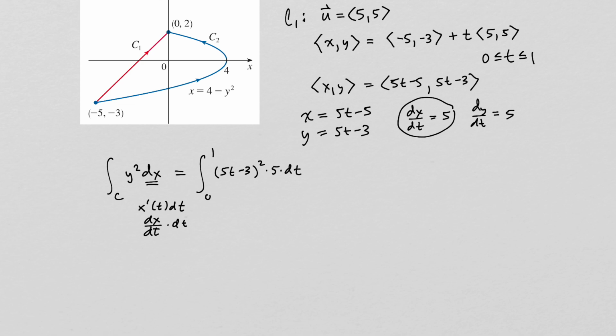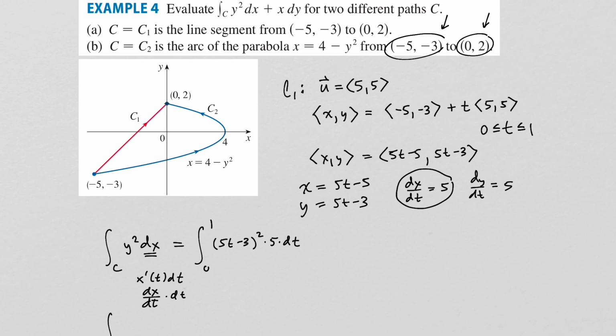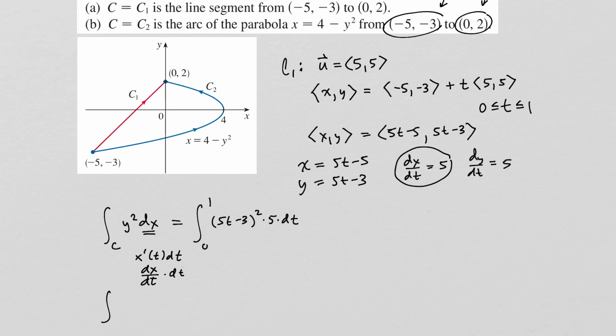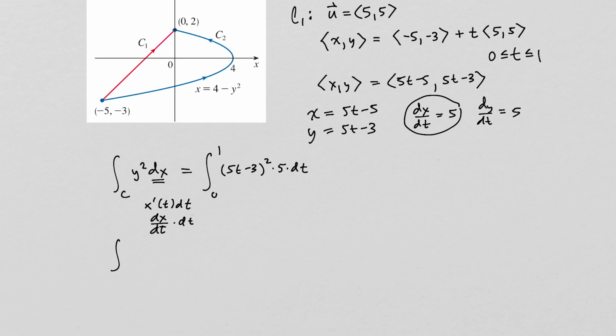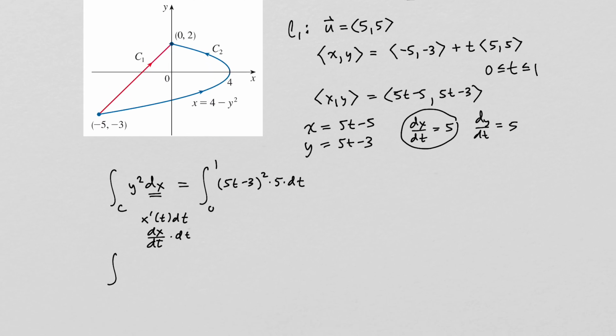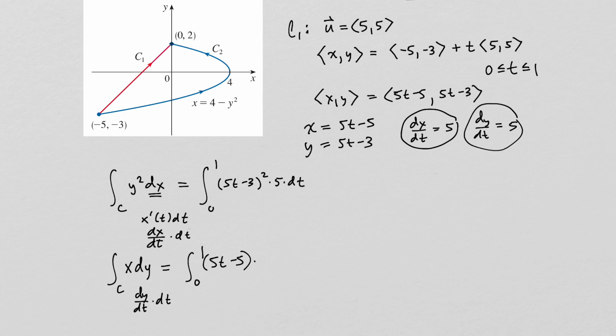So the second part is the integral of x times dy along the curve. This is going to be the integral from 0 to 1 of x, which is 5t minus 5, multiplied by dy/dt times dt. That's like y prime of t times dt, and y prime of t is also 5 times dt.